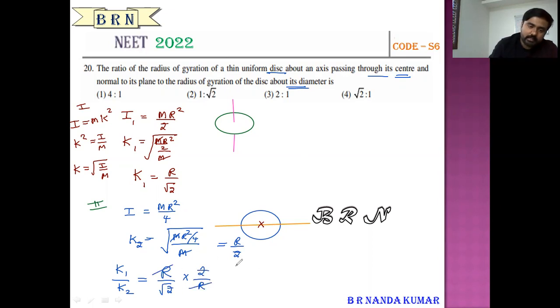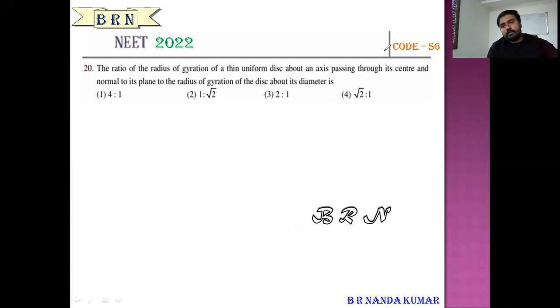So r cancel ಆಗುತ್ತೆ. So 2 ಏನಿದೆ ಅದನ್ನ ನಾವು √2 ಅಂತ ಬರೆಯಬಹುದು, right? √2 cancel ಆಗಿ √2 is to 1 ಬರುತ್ತೆ. The right answer is option 4. √2 is to 1.